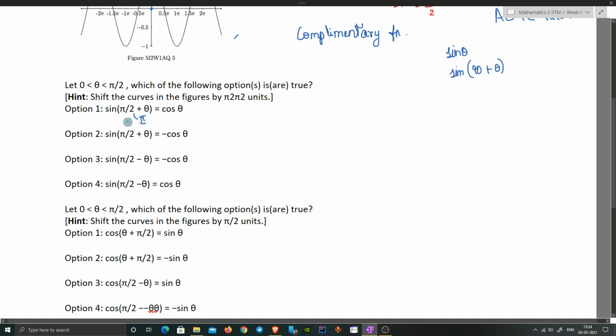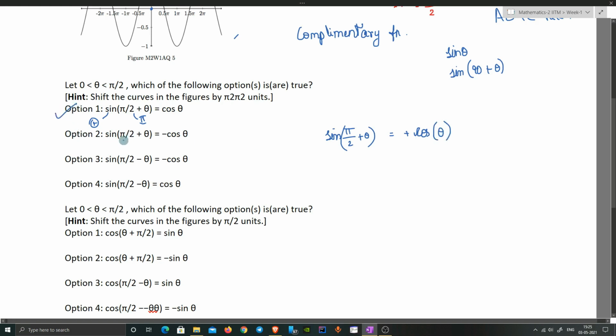Okay, so in the second quadrant sine is positive, so in the RHS sine of pi by 2 plus theta will be equal to positive, since sine is positive in the second quadrant, as well as since we have pi by 2, sine will be converted to cos theta. So again the first option is right.